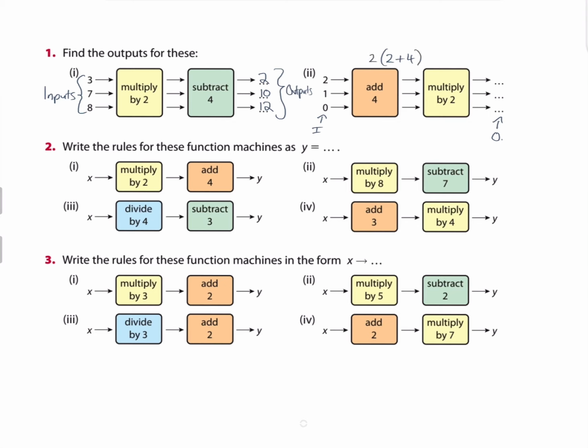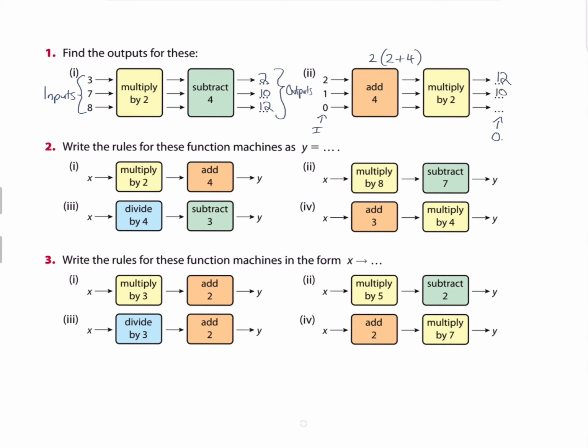So this is where you may have made a mistake if you tried to do this. You have to add the 2 and the 4 together and then multiply by 2. So 2 plus 4 is 6, multiplied by 2 is 12. And then here, 1 add 4 is 5, multiplied by 2 is 10.